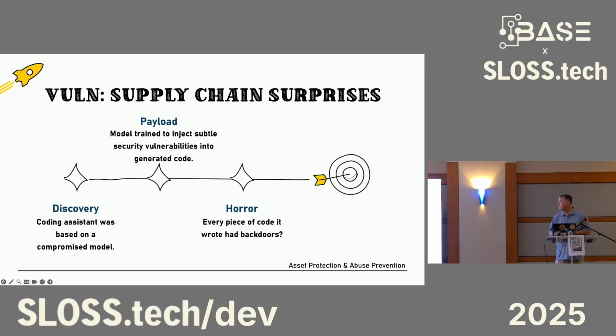Yeah. So let's talk about supply chain surprises. I was at NG Atlanta years ago, and we were all talking about NPM security, Node Package Manager, right? And the thing we learned about Node Package Manager is that, anybody remember left-pad when like a quarter of the internet went down?